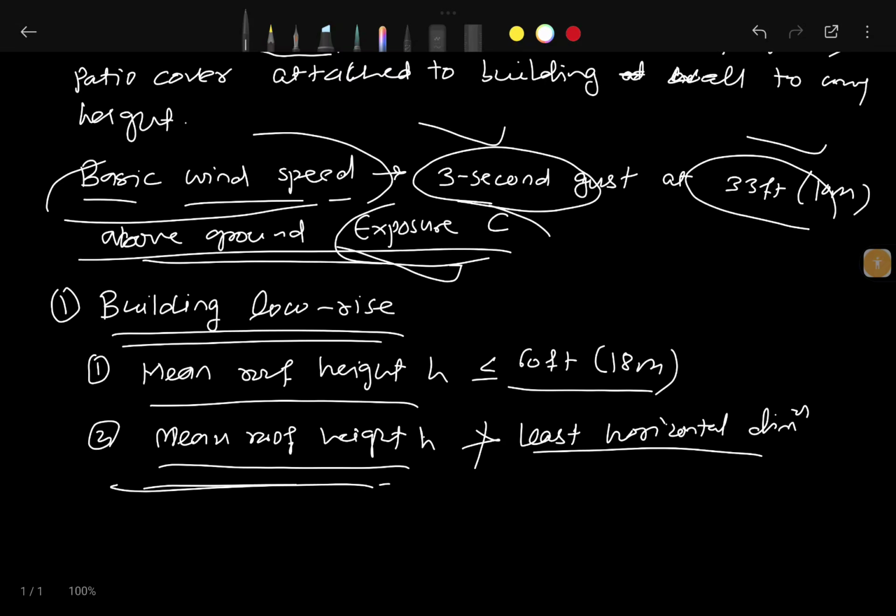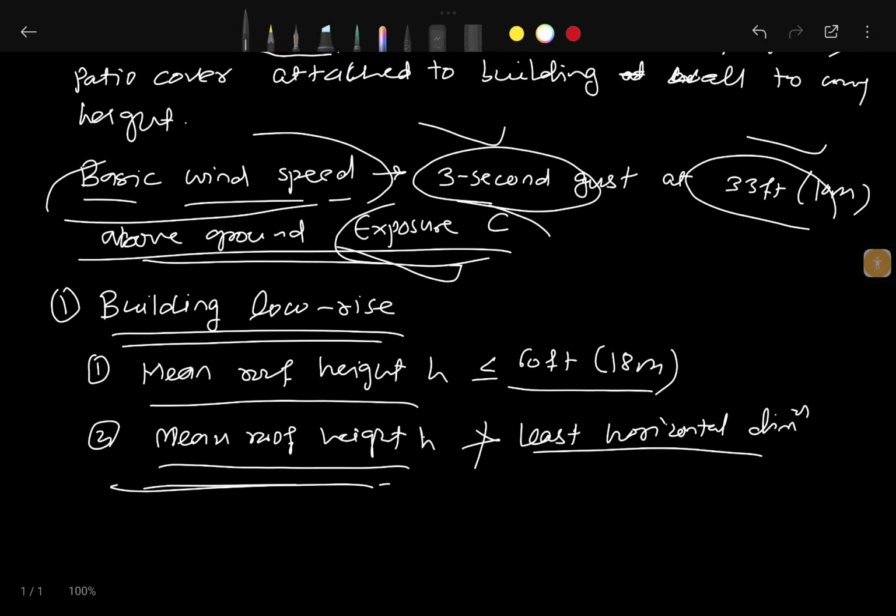In components and cladding, we use the building envelope or elements, building appurtenances, and rooftop structures and equipment that do not qualify as part of the MWFRS. Whatever component does not fall in the MWFRS, that component we call components and cladding.